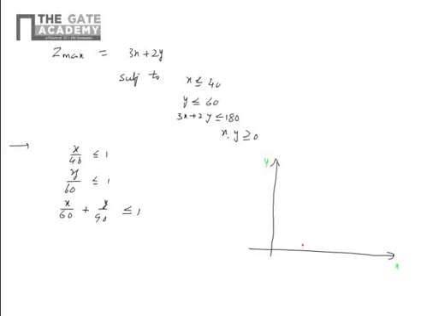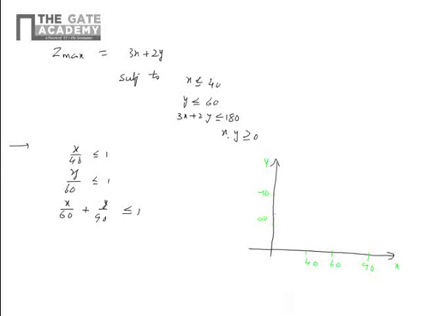X values are 40 and 60, y values are 60 and 90. Take multiples of 30. So if it is 60, definitely 90 has to come here, somewhere around.